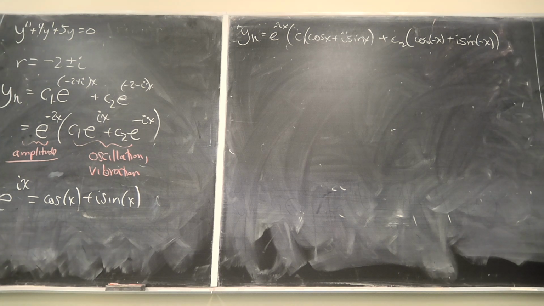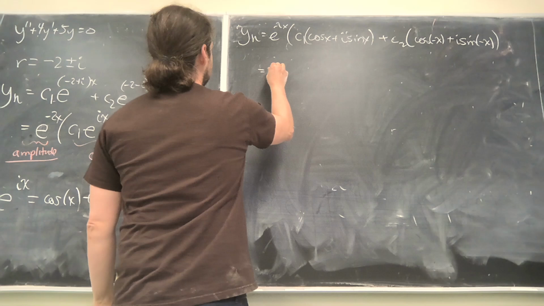Cosine is an even function, so cosine of minus x is the same as cosine of x. And sine is an odd function, which means the sine of minus x is minus the sine of x.